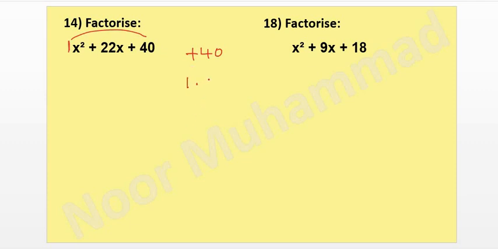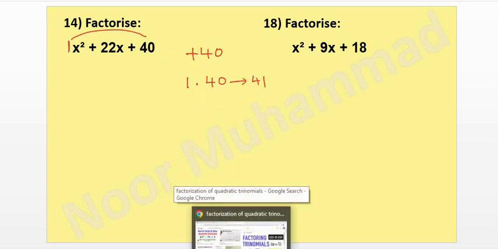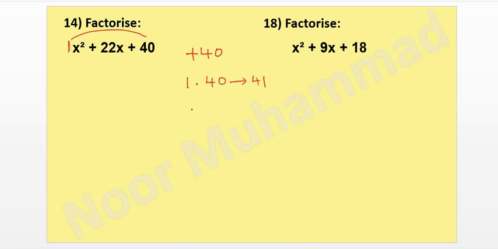The first factor is 1 times 40, right? This is the pair of factors. Now get the sum right away. Okay, now 2 times 20 is 40, and if you add them, it is giving you 22.